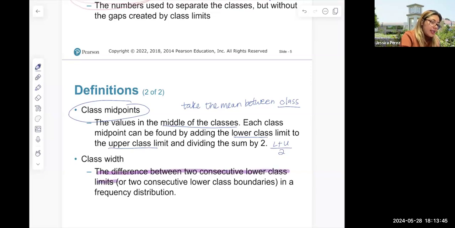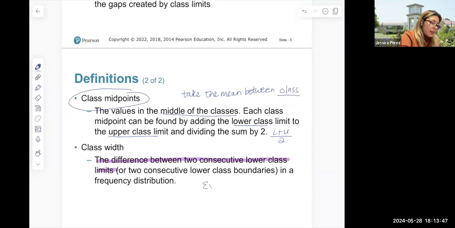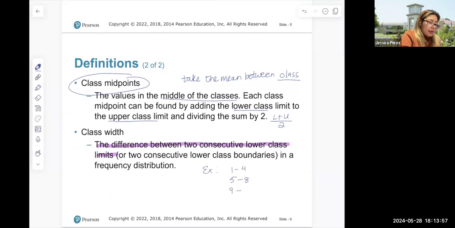So let's say that I'm giving an example, I have 1 through, let's say 4, and then 5 through 8, and then 9 through, well, 12. So for example, this is 3 classes.